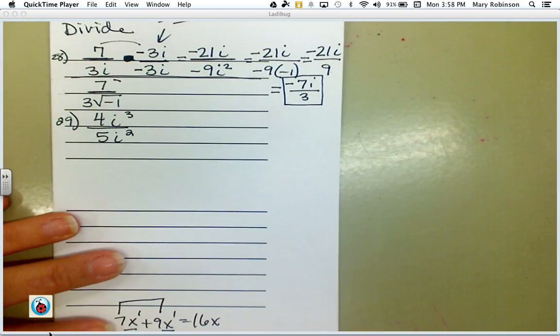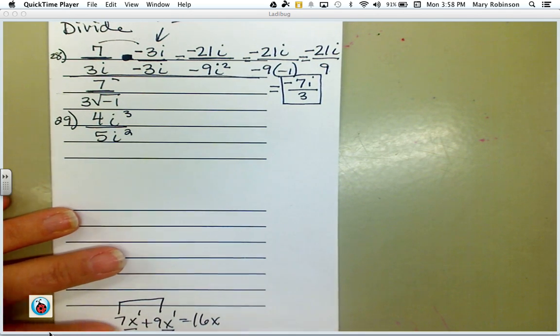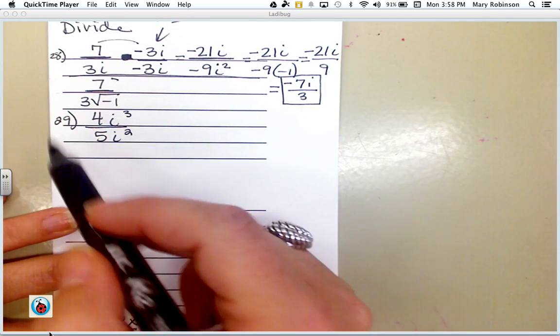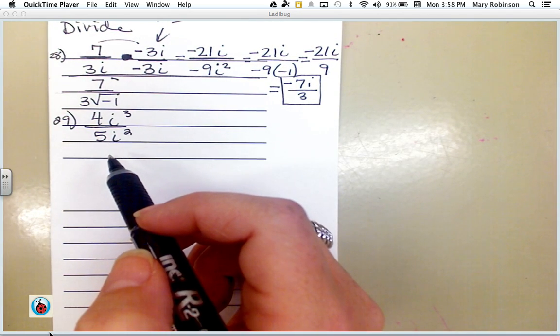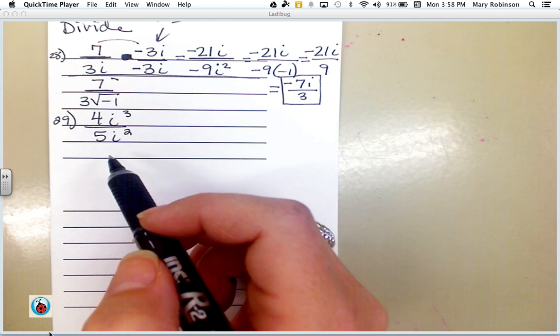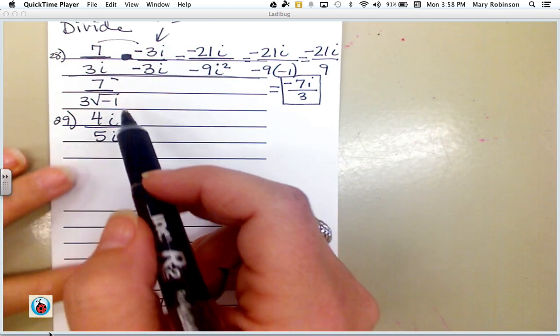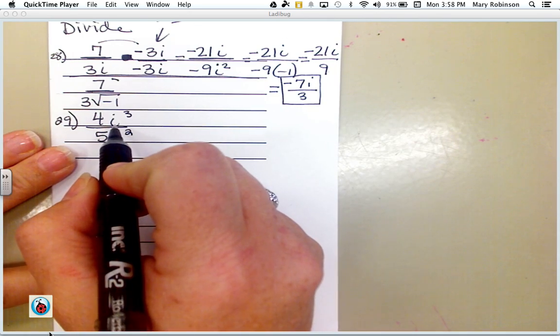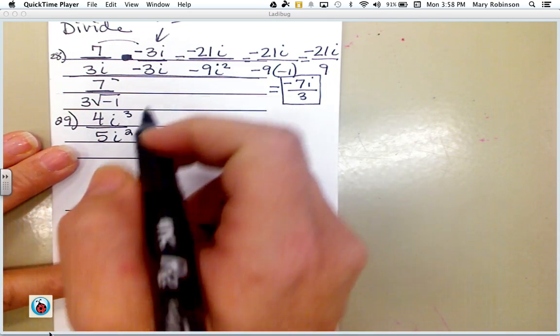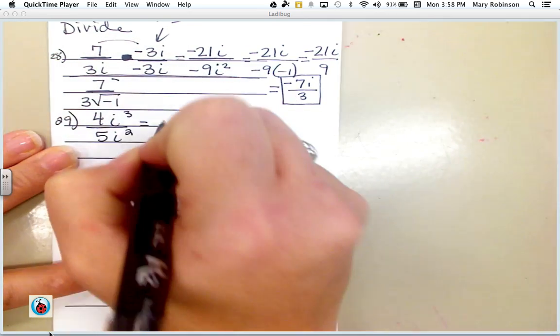So for 29 here, to get started, the first thing we should remember is laws of exponents. Whenever we're dividing the top and the bottom by the same variable, we can apply our law of exponents. In fact, our quotient property says that when dividing I cubed by I squared, that we actually subtract the exponents.